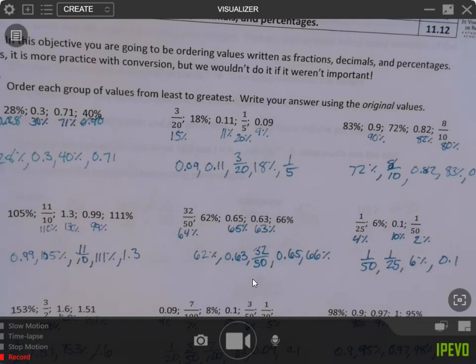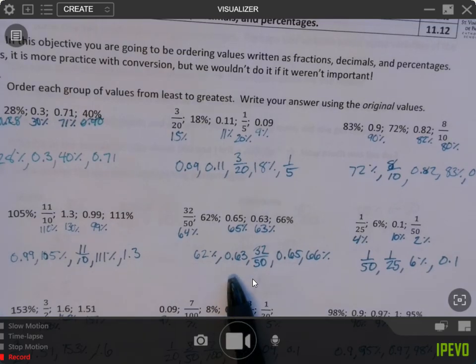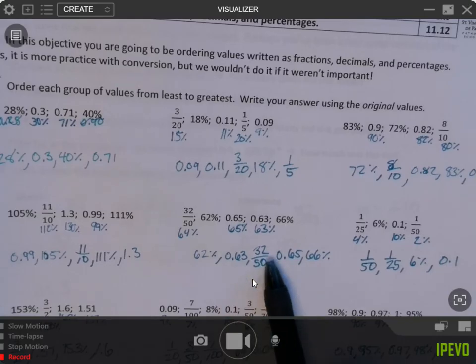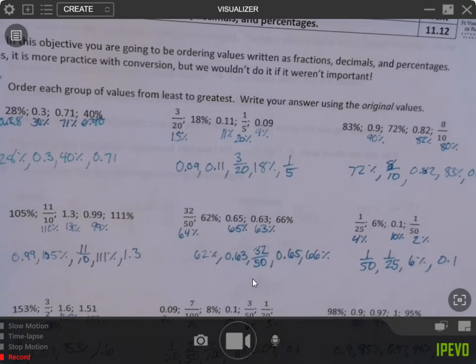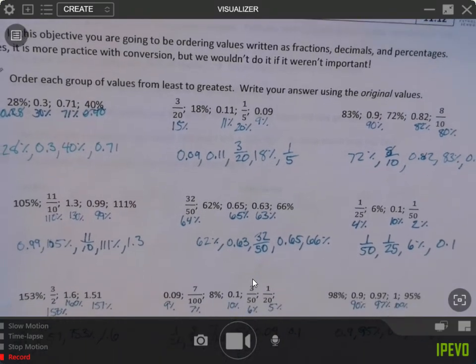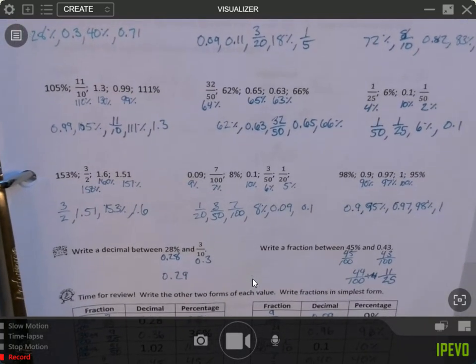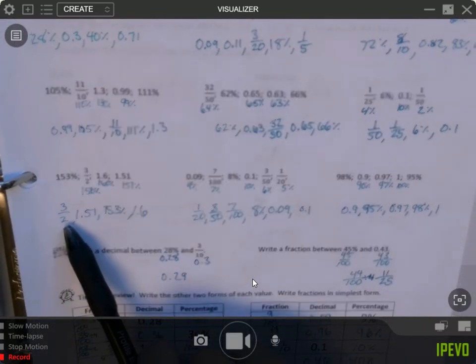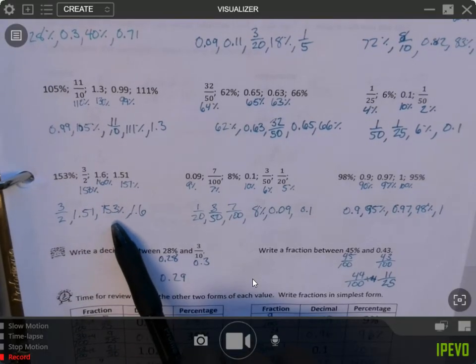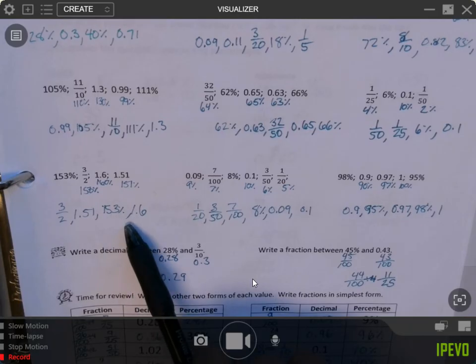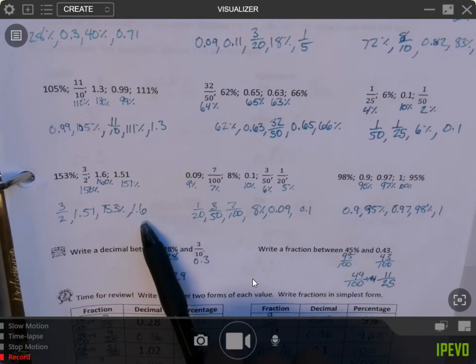Adeline. The middle one? 62%, 0.63, 32/50ths, 0.65, 66%. Okay. And the bottom row, 3/2, 1.51, 153%, and 1.6.